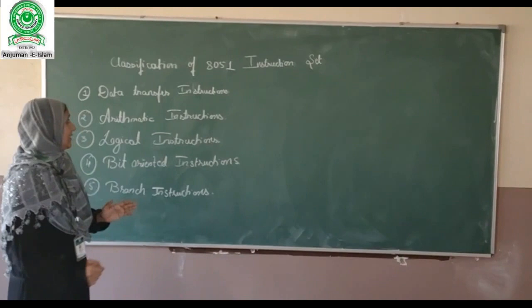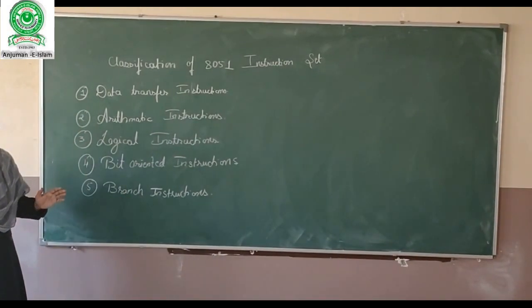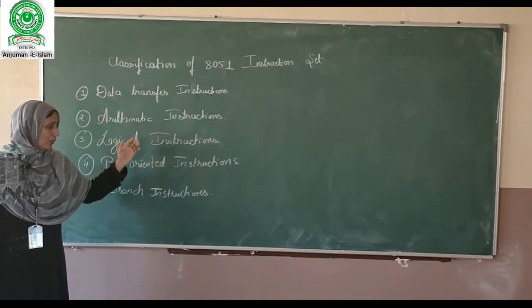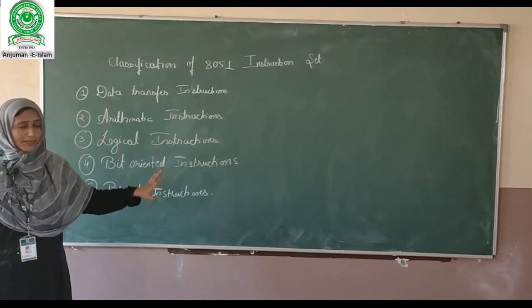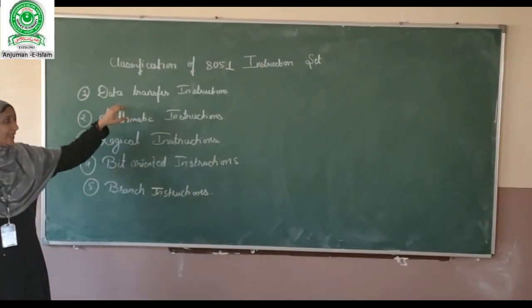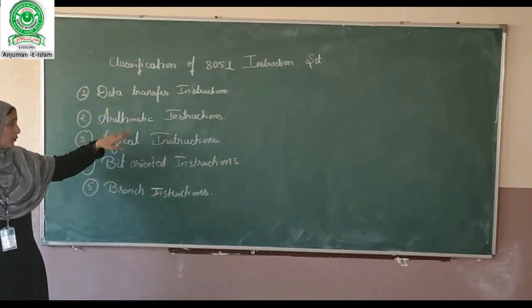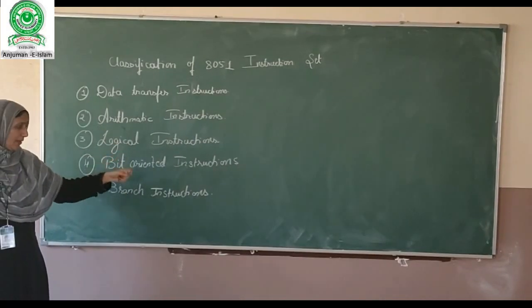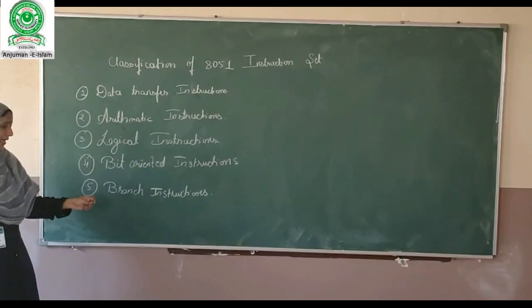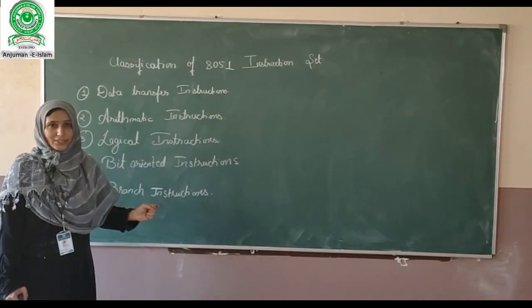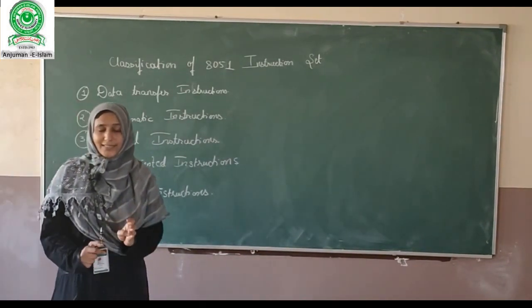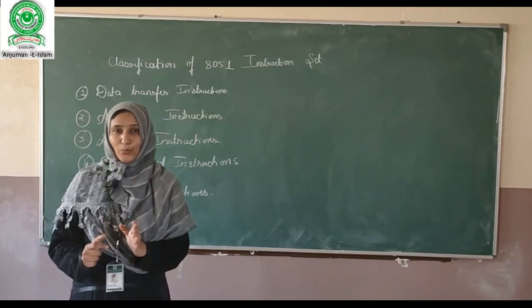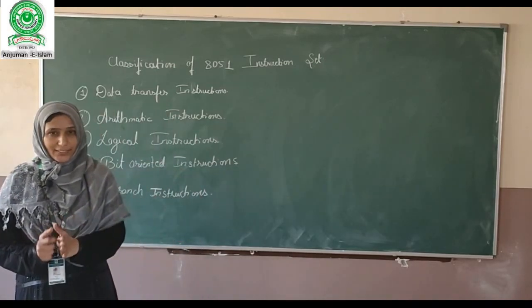These instructions of 8051 can be divided into 5 basic blocks. The first one is the data transfer instruction, the next one is the arithmetic instruction, then logical instructions, bit-oriented instructions, and the last one is the branching instructions. Now, let us see in detail what these various instructions mean.